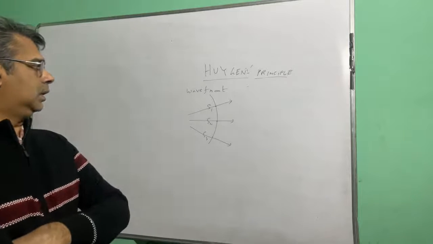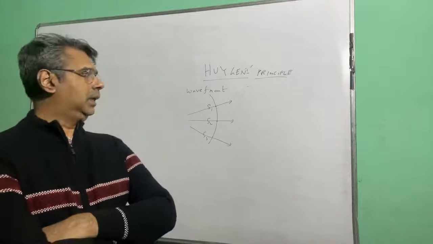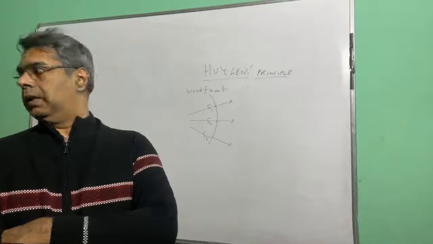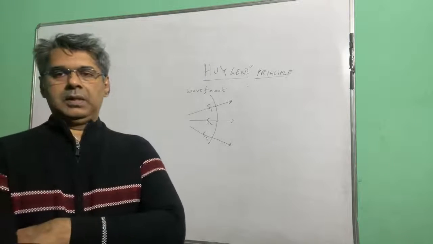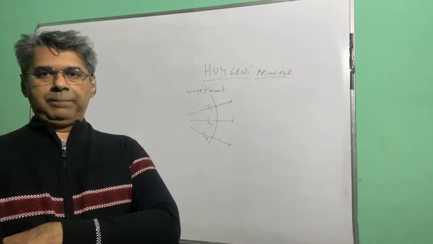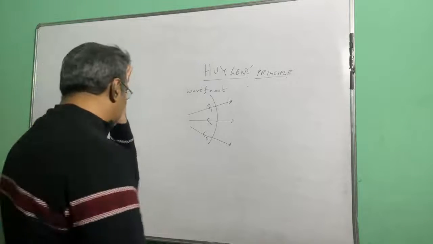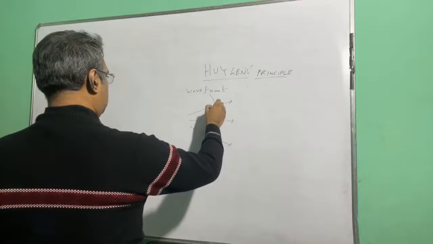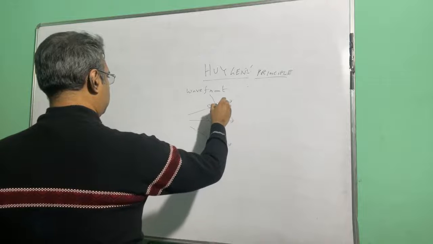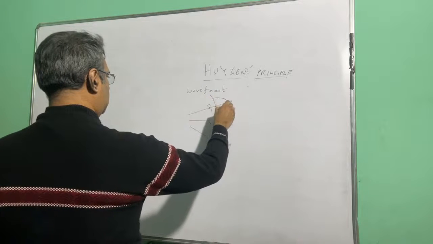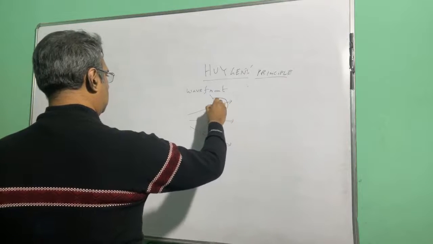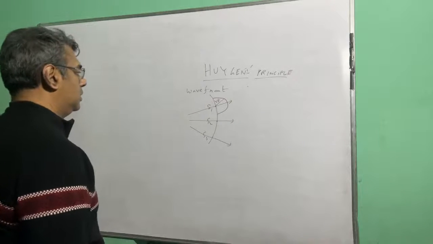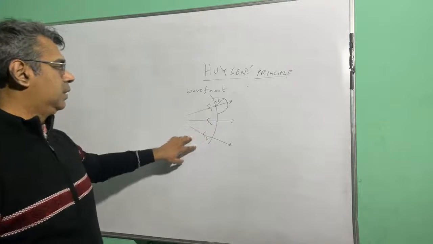So you are interested in finding out the new position of the wavefront after a certain time interval t. So what you have to do is, keeping S1 as center, you draw one arc, and you want to know the position of this wavefront after a time t.